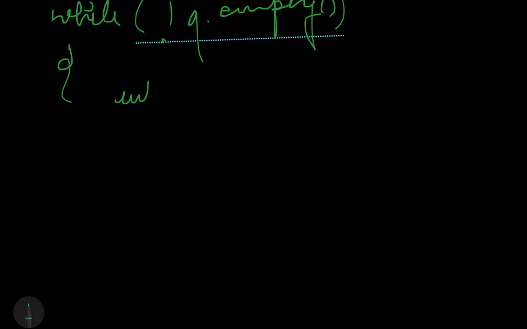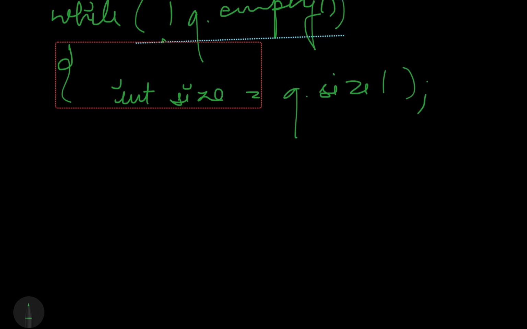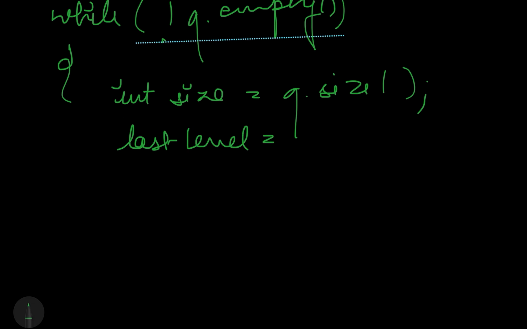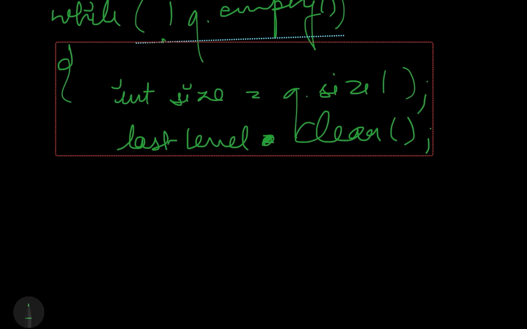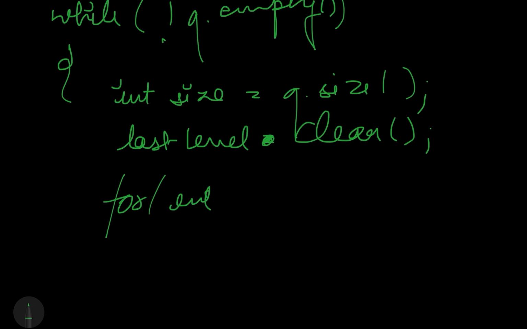So just write the BFS code: q size, and then we'll first clear our vector, and we'll have a for loop, int i equal to 0, traversing till the size.